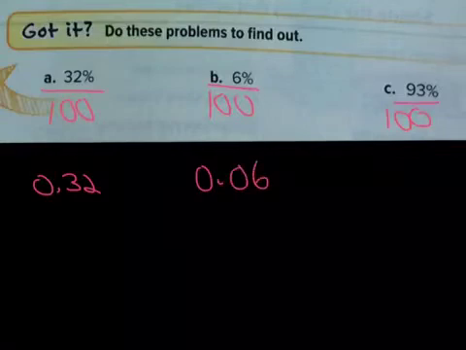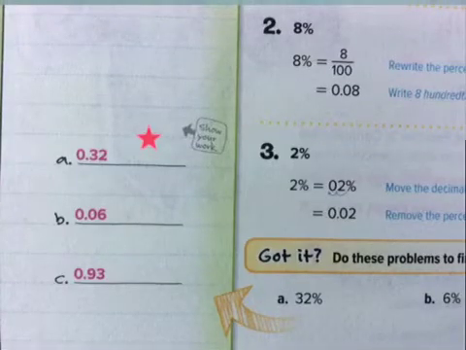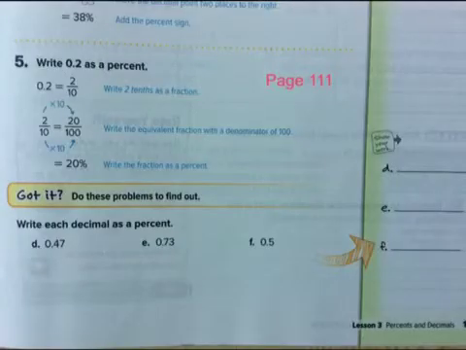And 93 hundredths. 93 in the 100th place. 93 hundredths. There you go. Please make sure that next to your answer you put a star, as so. There, and there.